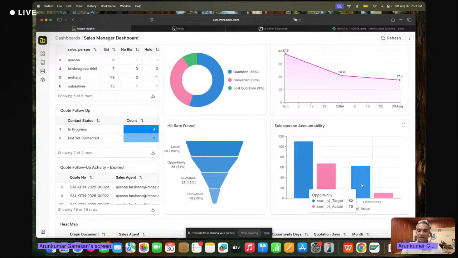But here is another target, which is that out of 110 leads, you need to convert into orders about 62. So that is from an opportunity, how much is getting converted. They have set a target of 62, but we are only able to achieve 10.